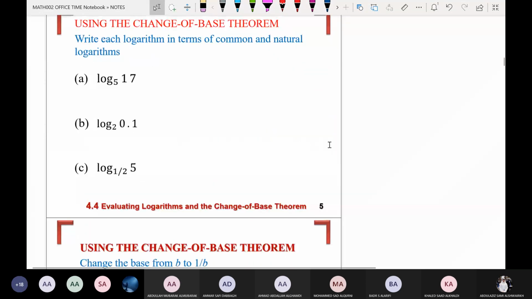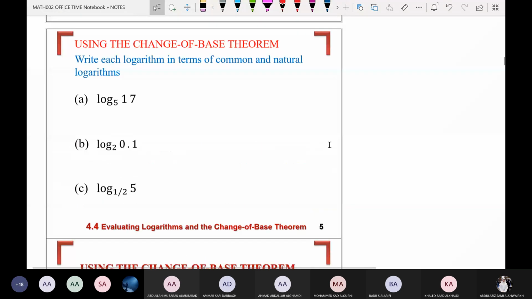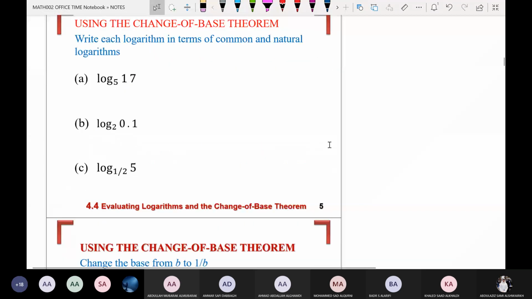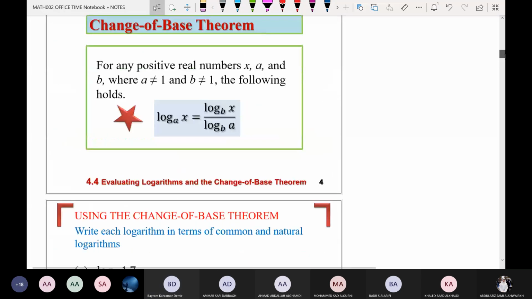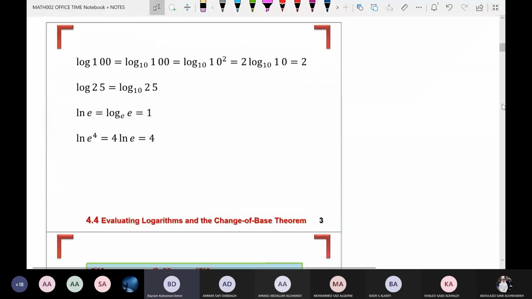For example, logarithm of 100, that means, of course, with base 10. So it's going to give you 2, of course, right?